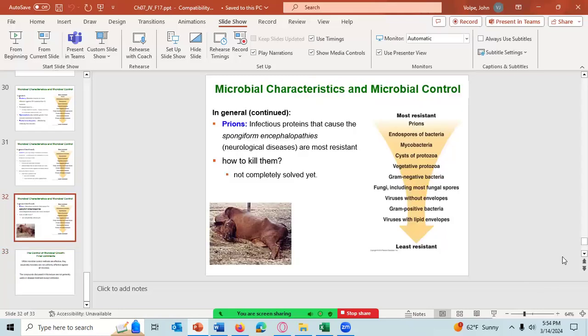All right, let me go back here and say the mycobacteria have this mycolic acid in their cell wall, so they are resistant to most or any water-soluble agent. However, the mycobacteria are very sensitive to alcohol. Alcohol, which is a very weak germicide, it's not even really an antiseptic because it's so weak, is actually very effective at killing the mycobacteria.